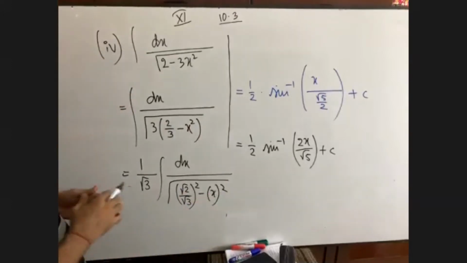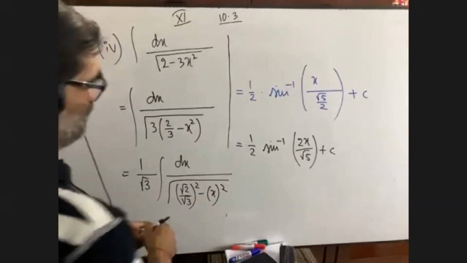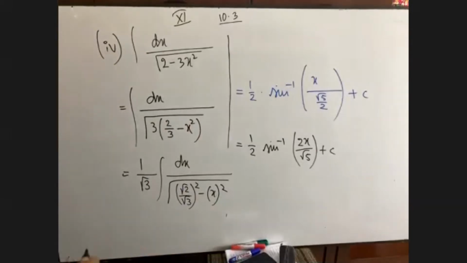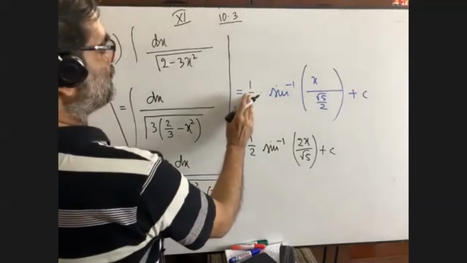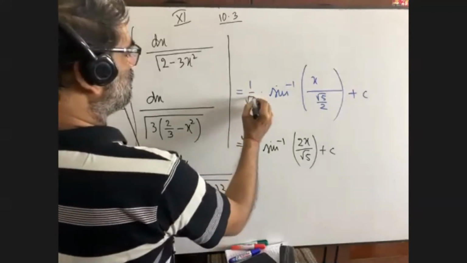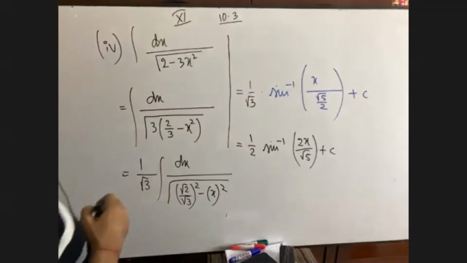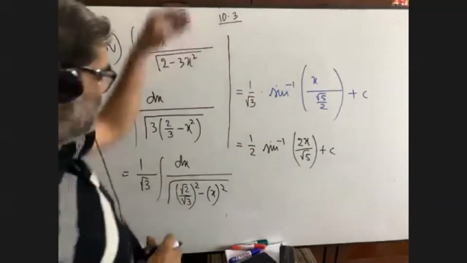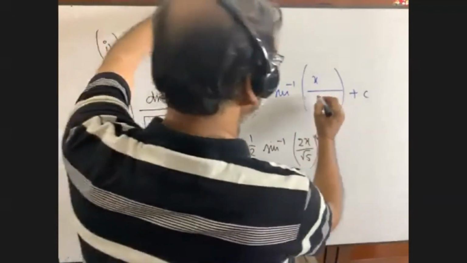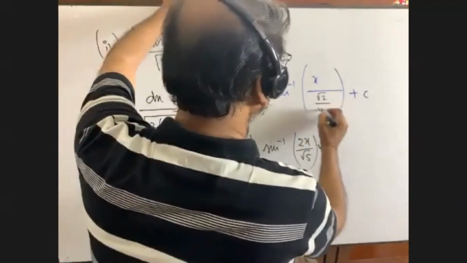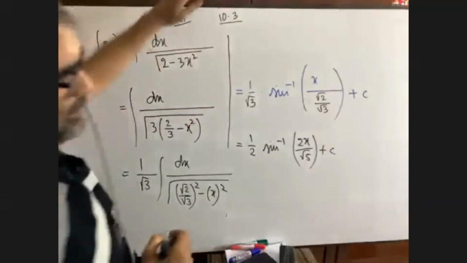Okay. Now let me know what is the formula. Same thing, it will be 1 by root 3 sine inverse x by root 2 by root 3, right?